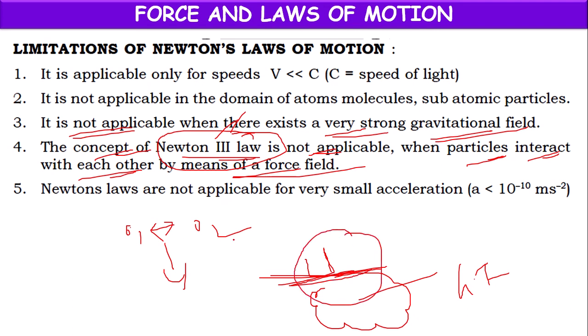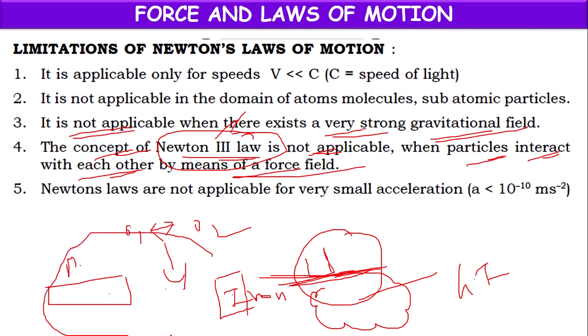Suppose here one magnet is there, here one iron rod is there. Though the iron rod is not in contact with the magnet, due to the magnetic field, the magnet can attract the iron. In such cases, Newton's third law is not applicable.